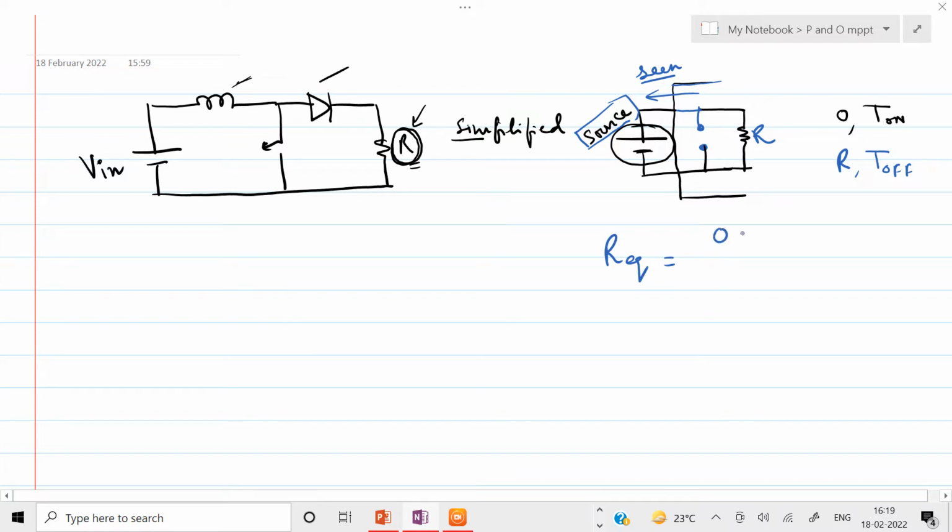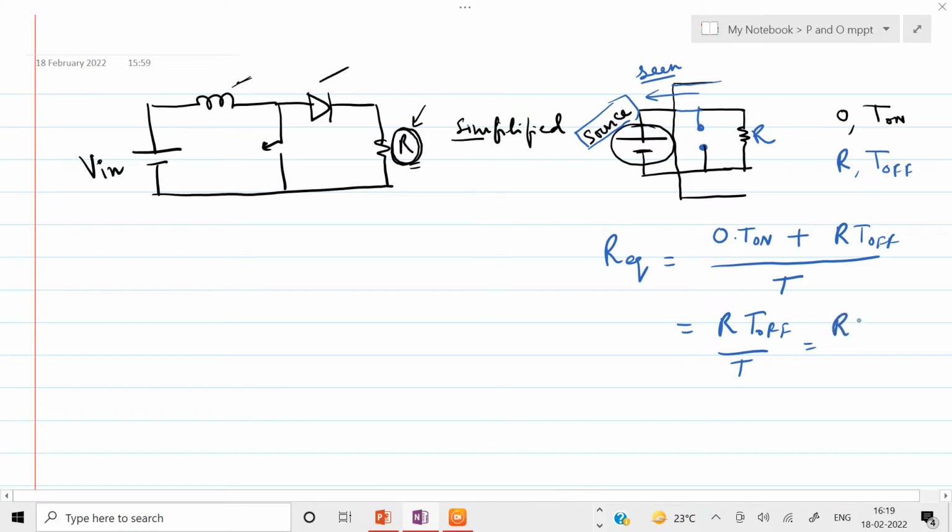That will be given by 0 into T on plus R into T off, divided by the total time for the operation of the switch. So that would give me R times T off upon T.